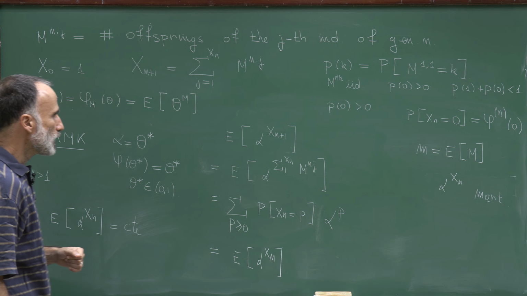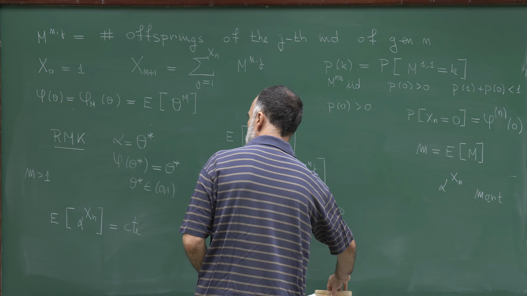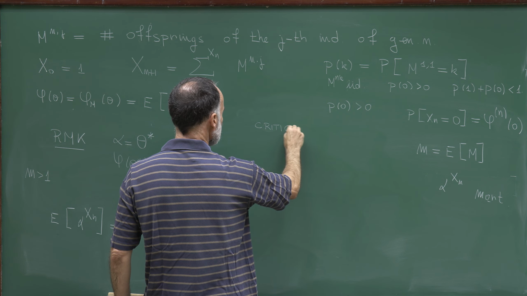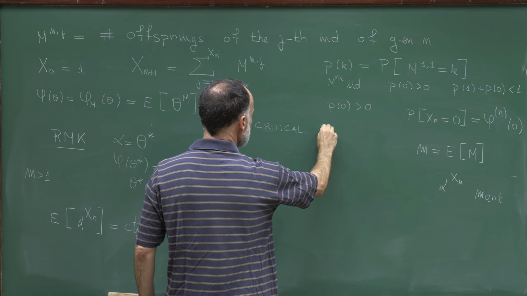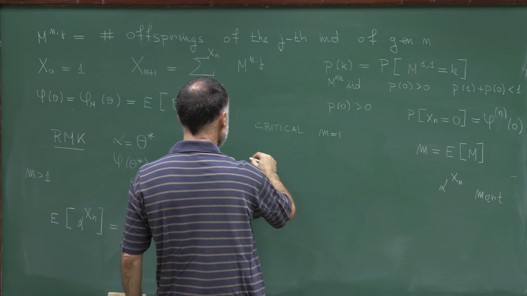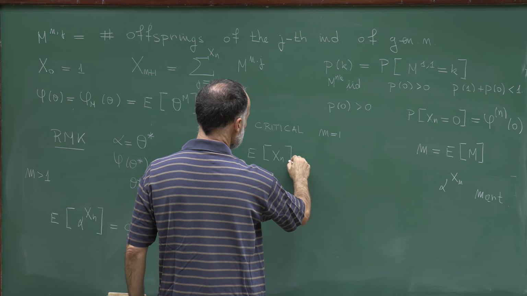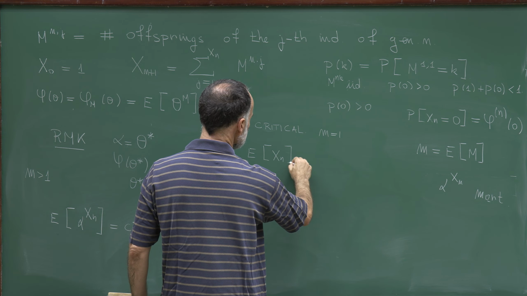Well, this is one point. The second point I want to make is about the critical case. So now let's take the critical case, that is m equal to 1. What I'm claiming is that the expectation of xn is constant. Why is that so?